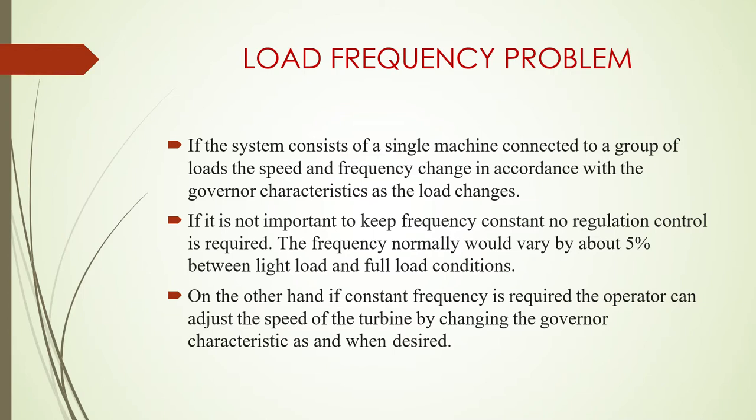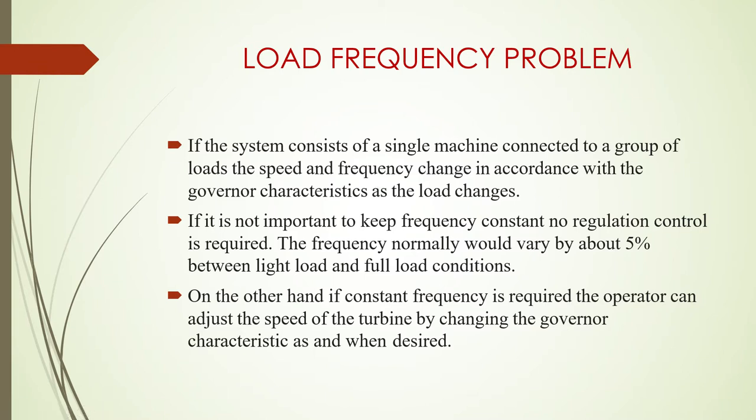Now let us see the load frequency problem. If the system consists of a single machine connected to a group of loads, the speed and frequency will change in accordance with the governor characteristics. If it is not important to keep the frequency constant, no regulation control will be required.